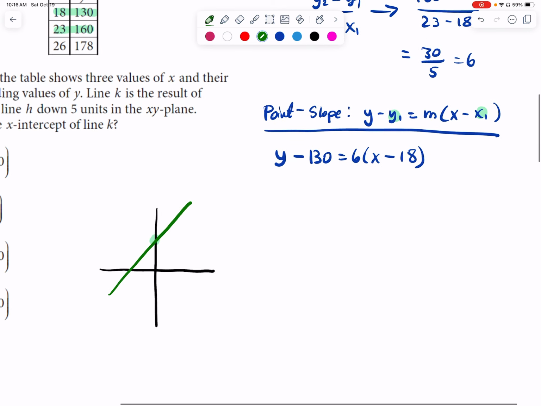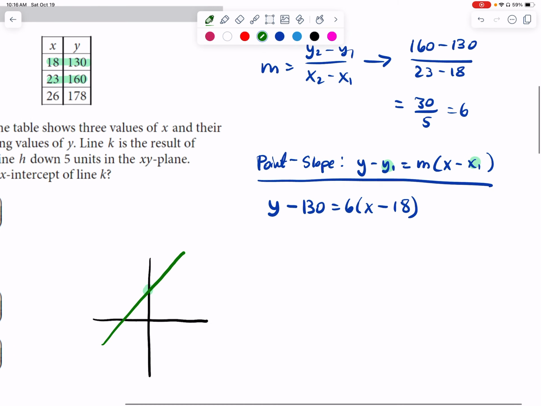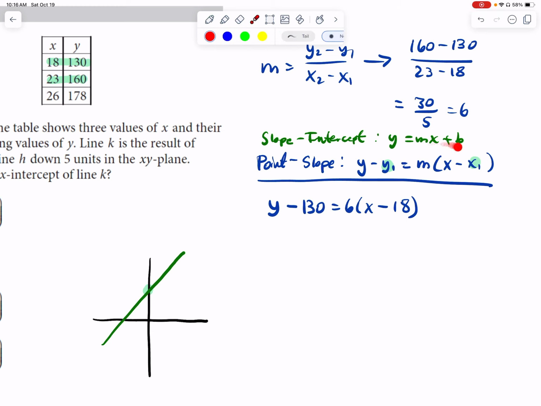To put this into slope-intercept form, if you have forgotten, it looks like this: y is equal to the slope times x plus b. y equals mx plus b, the classic. To get point-slope form into slope-intercept form, you just isolate the y.